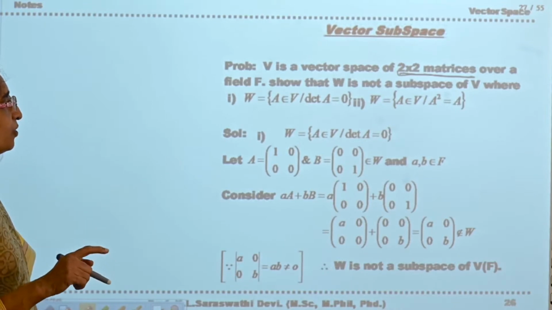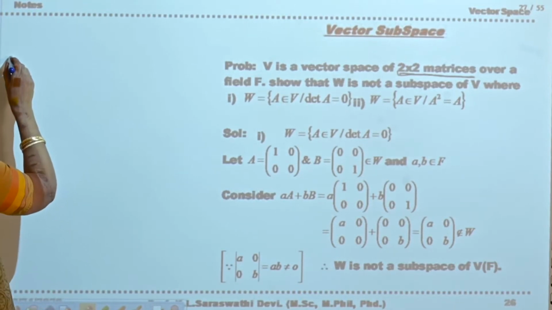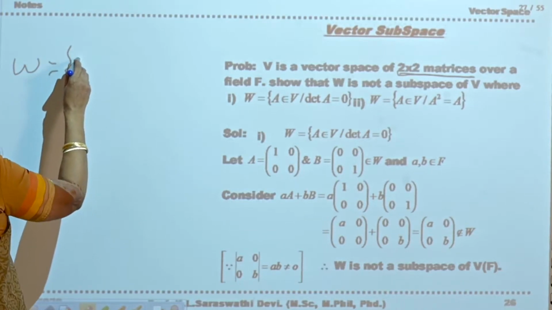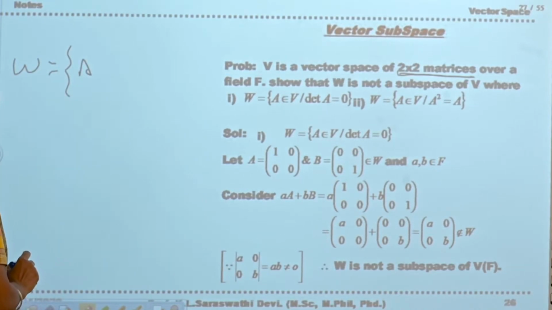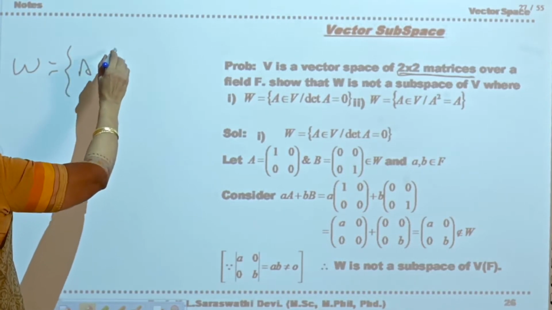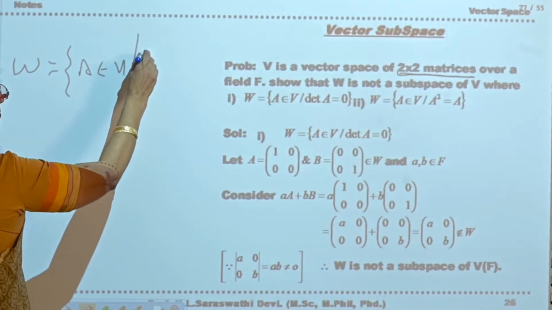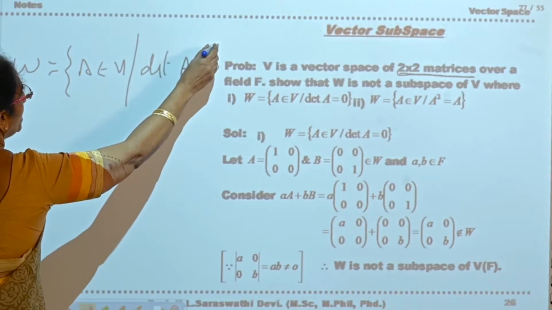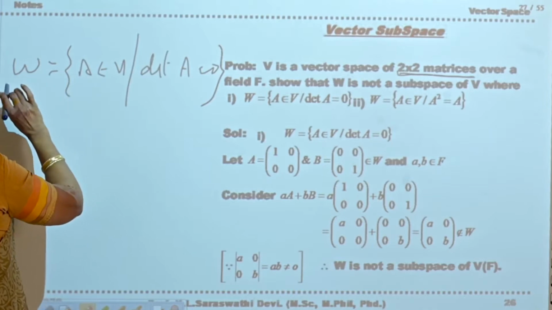Now W is the set of all 2 by 2 matrices A belonging to V such that determinant of A is equal to 0.